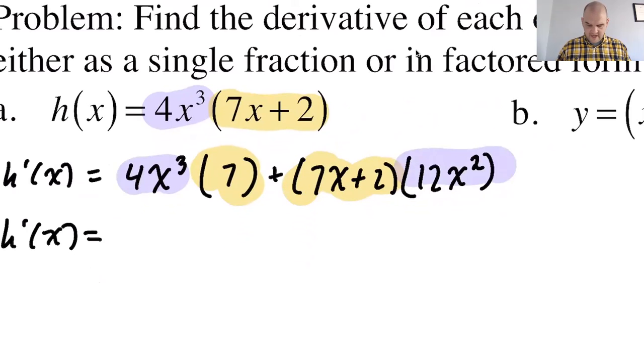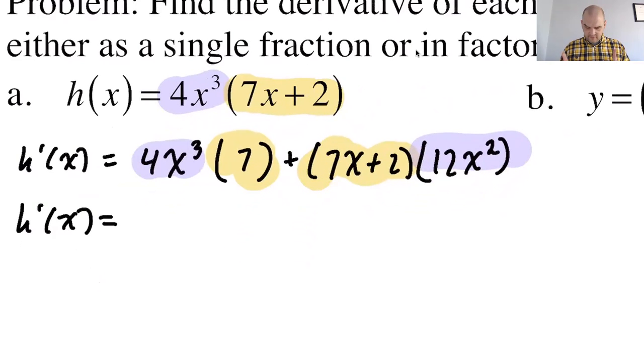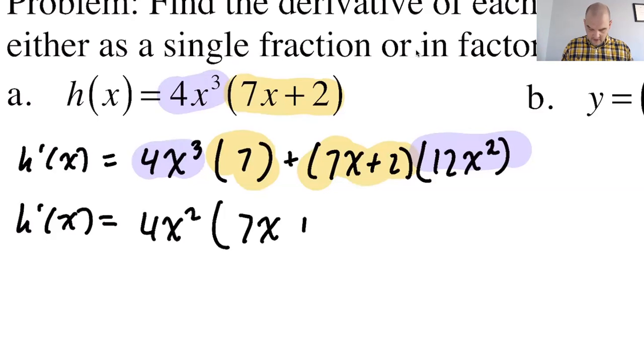Okay, so we're back. I'm going to take out 4x squared from everything. So I'm going to be left with 7x for the first thing. And then I took out 4x squared from 12x squared, so that left me with 3. So there's going to be 3 times 7 is 21x, and 3 times 2 is 6.